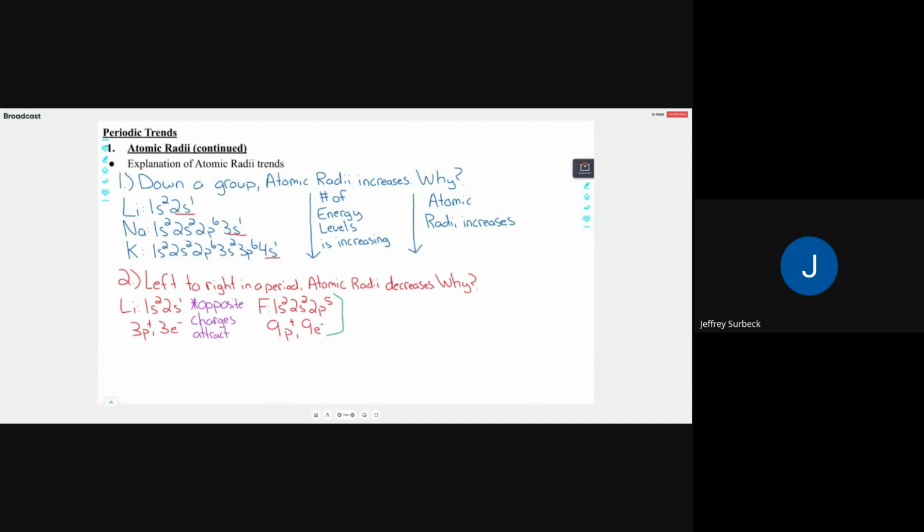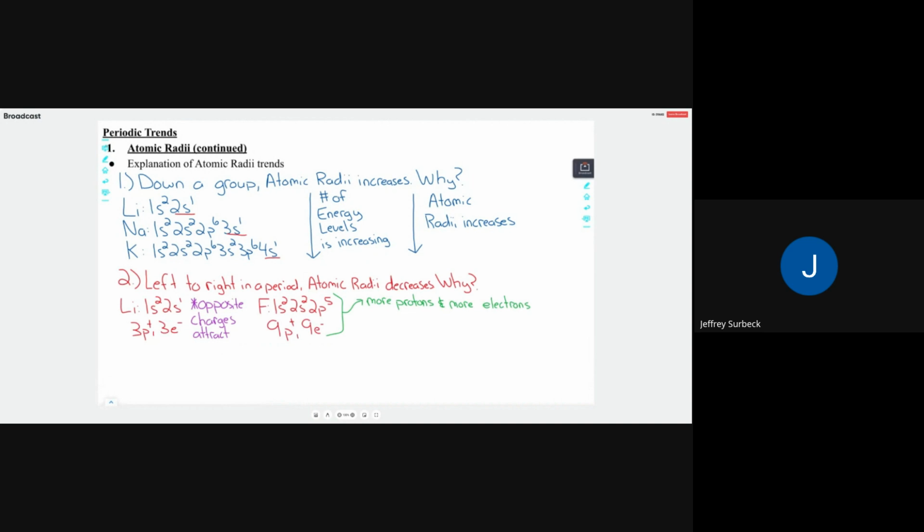I'm going to make that point first. So you may be thinking, okay, just above we said, hey, we add more, we get a bigger radius. Why does fluorine have a smaller radius?